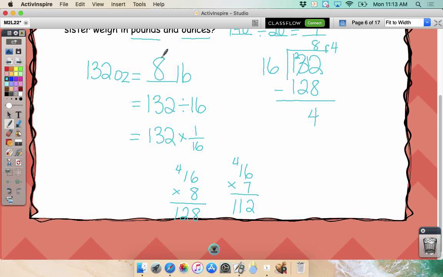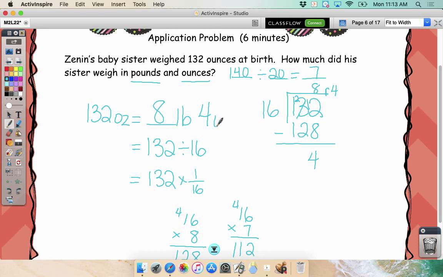And then what do you think I'm going to do with the 4? 4 ounces. Very good. So pounds and ounces would be 8 pounds, 4 ounces. 8 pounds with 4 ounces left over. Okay? So that's when you might have to use long division to solve it.